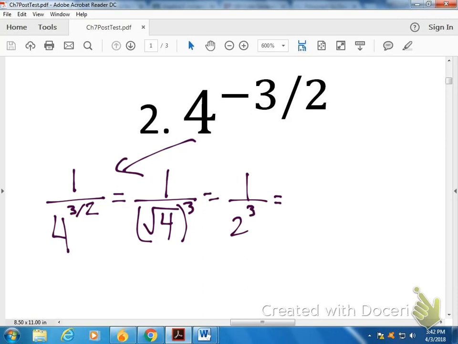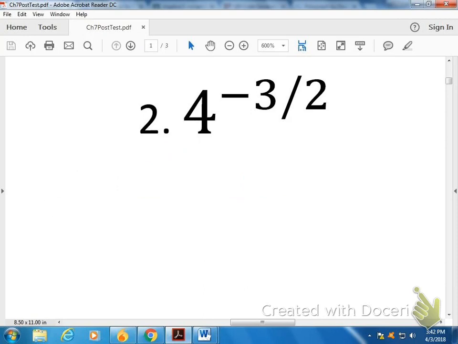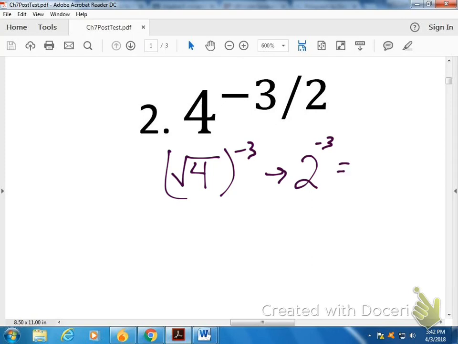Or we could realize that this is the square root of 4 raised to the negative 3 power, or 2 to the negative 3 power. And now we deal with the negative exponent. Flip it. So 1 over 2 cubed. There again is the 1/8 answer.